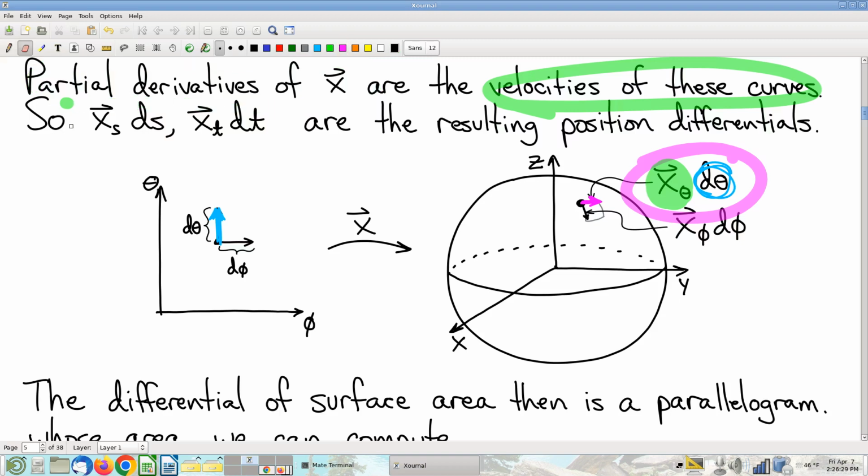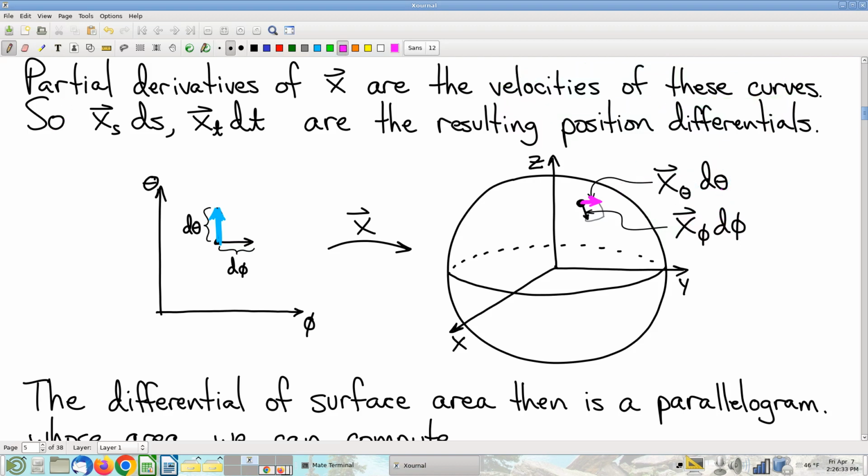So then, likewise, in the same way, this vector here is x phi d phi. So we've got nice, handy, compact formulas that tell me my output differentials corresponding to my input differentials.